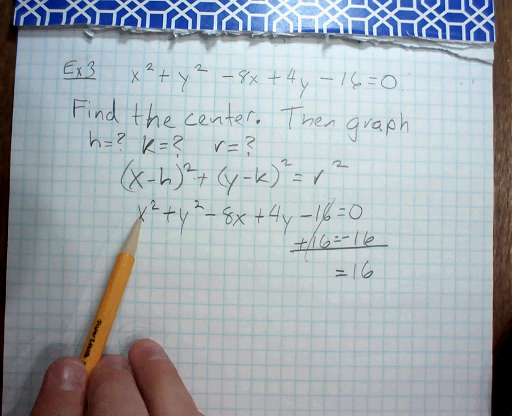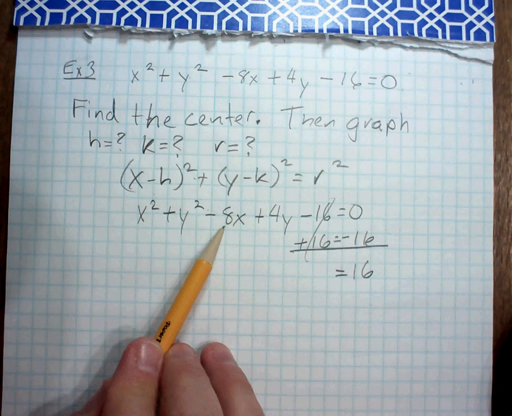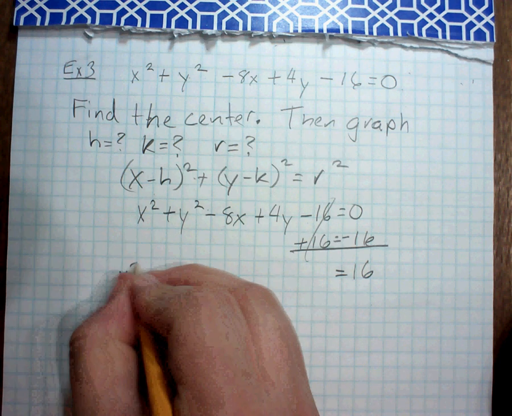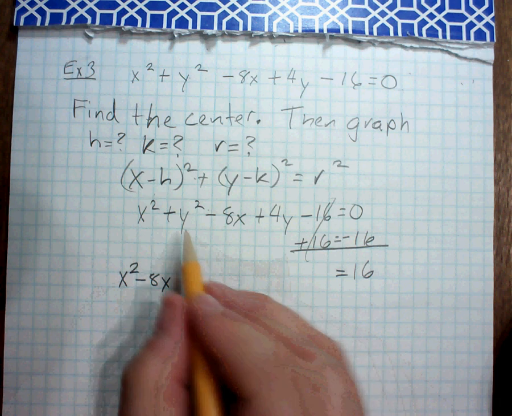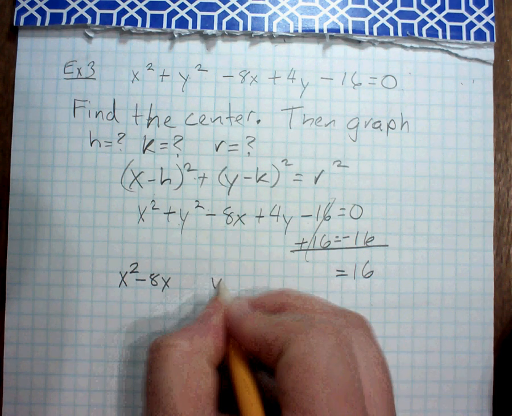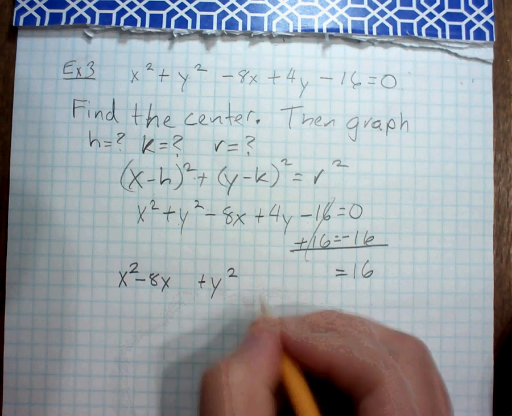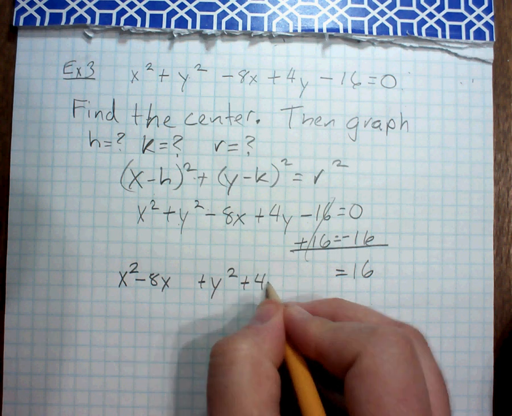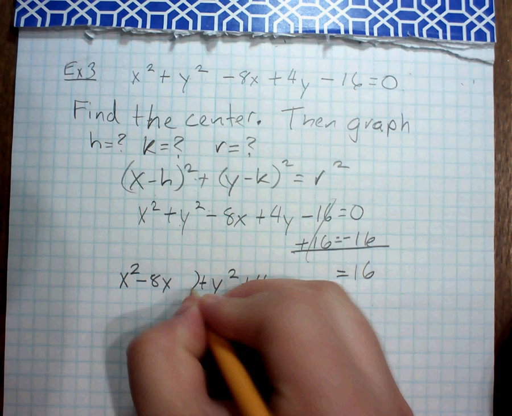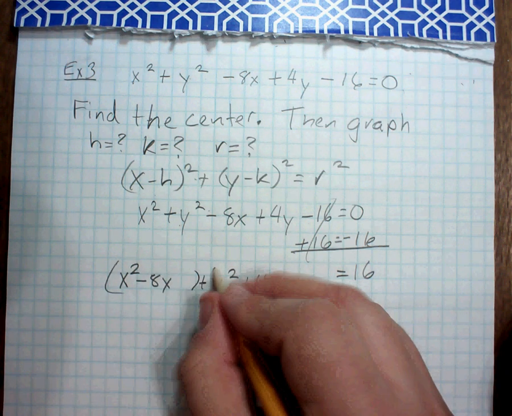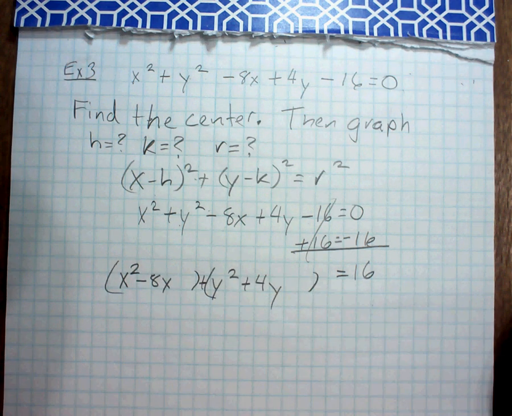Now I've got an x squared and a minus 8x. So the next thing I'm going to do is I'm going to rewrite this as x squared minus 8x, right? And then over here I'm going to put y squared, positive y squared, and a positive 4y. Now I'm just writing it that way just to help me out, as you'll see in a second.